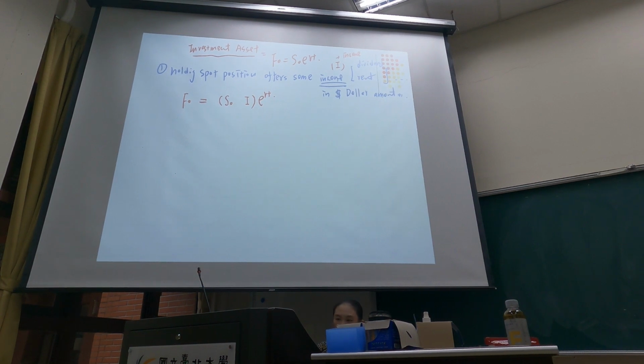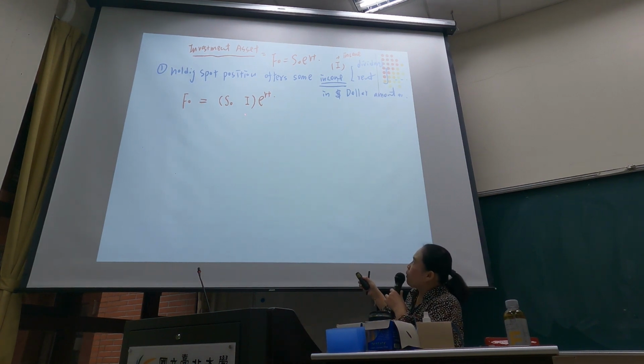Okay, let me repeat again. Assuming that this is a Microsoft underlying, you have a Microsoft share, which will give you dividends every year. And then compare with Microsoft futures, which doesn't give you the dividend, right? So plus or minus.